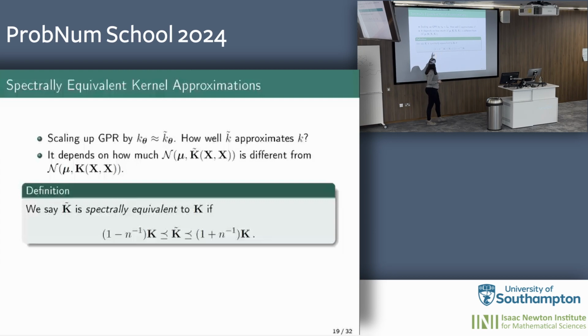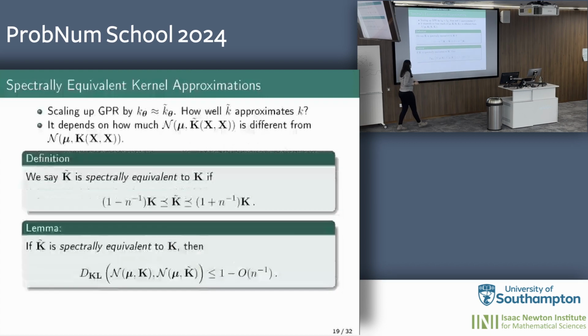So this is the definition. And assuming that we have that spectral equivalence, we can obtain some nice property about the KL divergence between the two probabilities that you are trying to approximate.